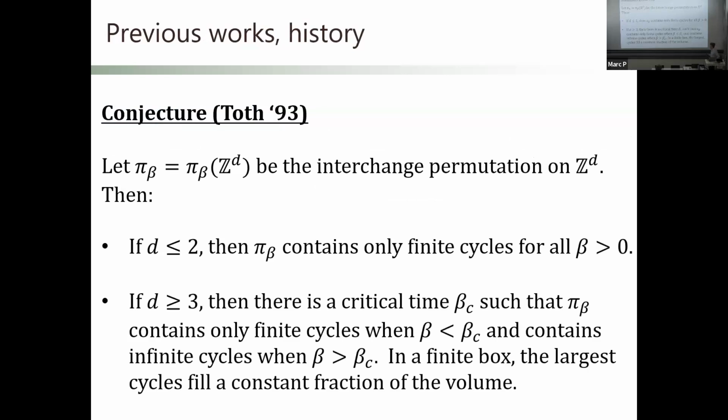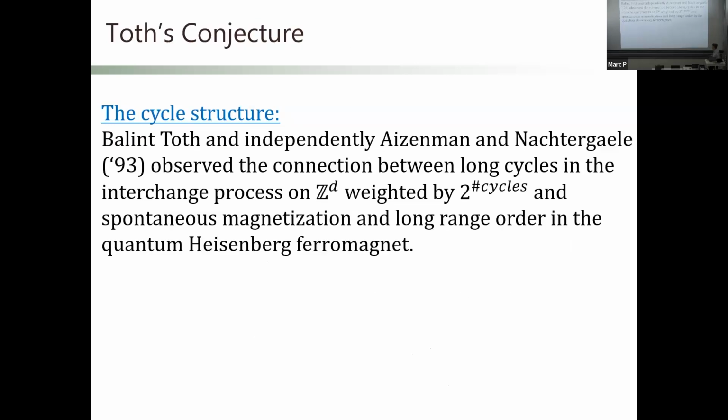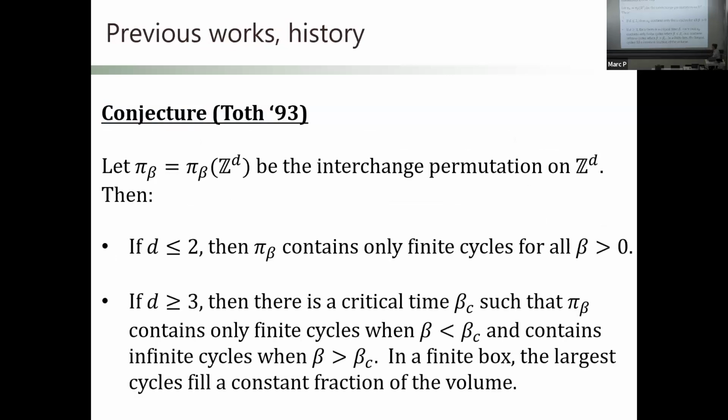Oh, and I should say, I'm using beta here for time, which is a funny symbol to use for time. The reason is that with the connection between the Heisenberg model and the interchange process, if beta is the inverse temperature for the Heisenberg model, then you would run the interchange process for time beta.